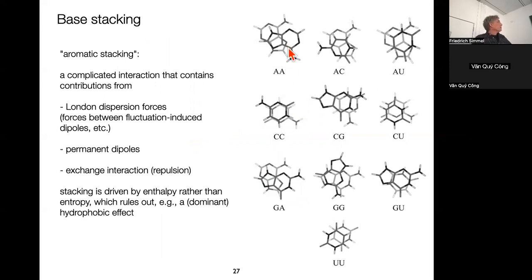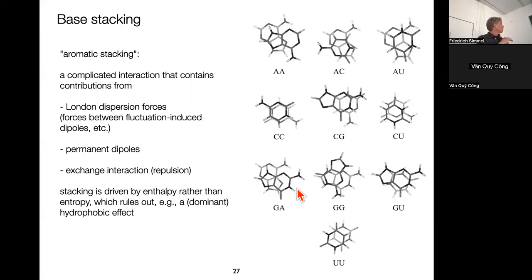When you look at bases in the context of the double helix neighboring each other, then they have such arrangements, for example, adenine above adenine, adenine above cytosine, and so on. In many cases, you see arrangements where, for example, there is one atom in the center of one base, and there's an aromatic ring surrounding it. That's also here. It's not so clear everywhere, but this is often seen, at least.